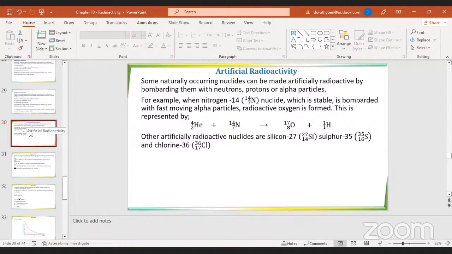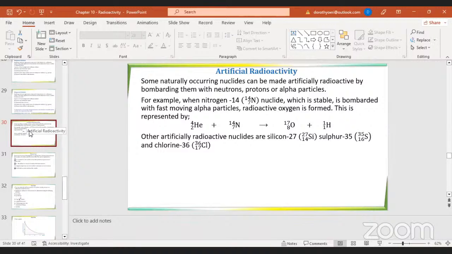For example, we have nitrogen-14 there. Then we bombard it with helium, or an alpha particle. We end up with unstable oxygen-17 and a hydrogen.